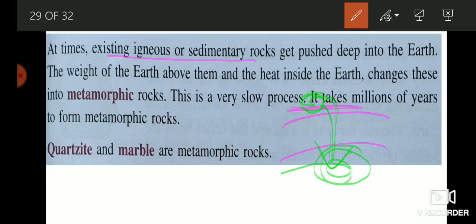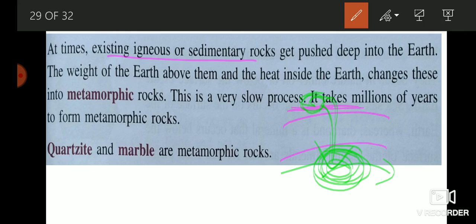When they reach deep, what happens? They feel huge pressure, and they also feel huge temperature.